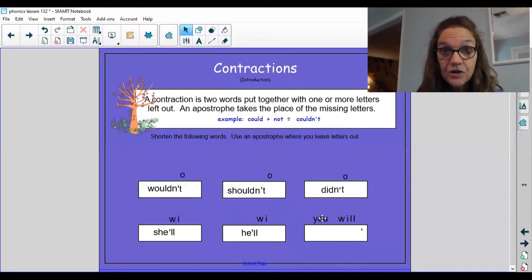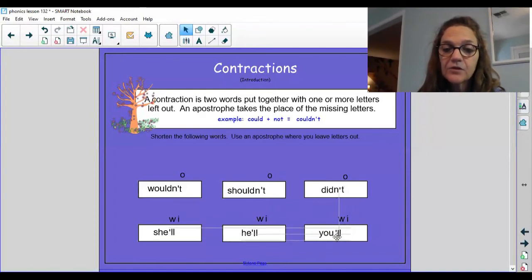Okay, next, you will. You will have to do your homework before you go to bed. You'll have to do your homework before you go to bed. We're going to put the apostrophe in, and then we're going to move the L's over. There's one, and there's the other.